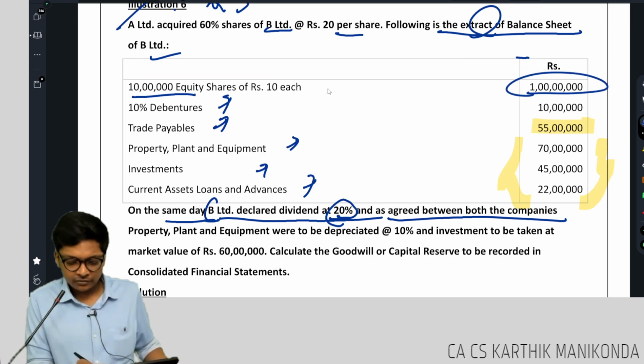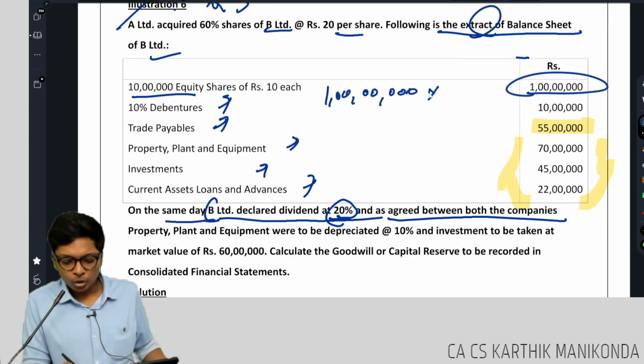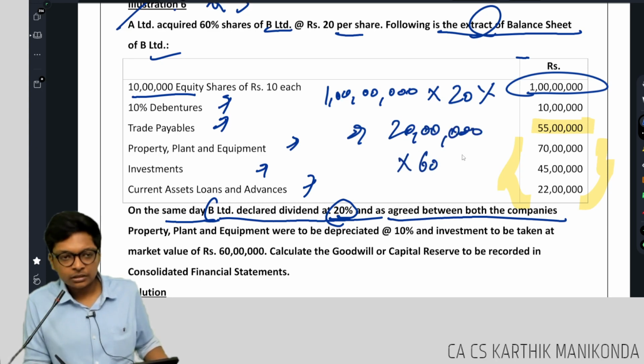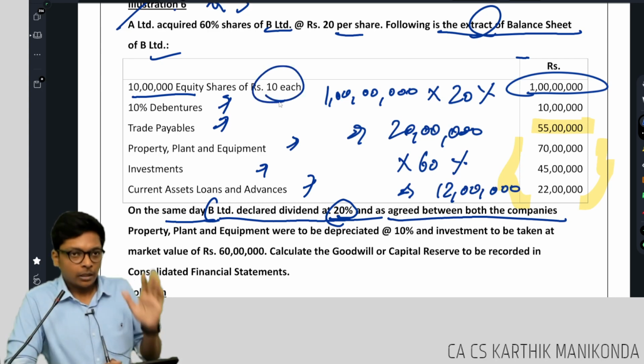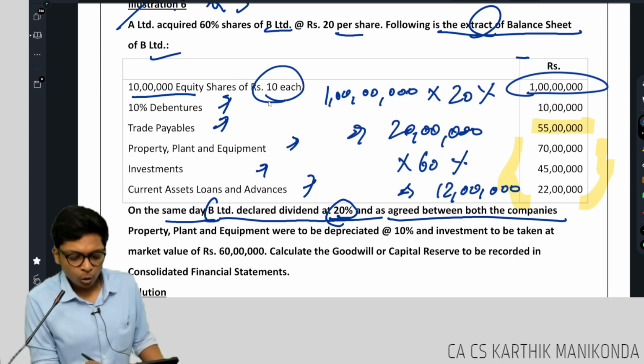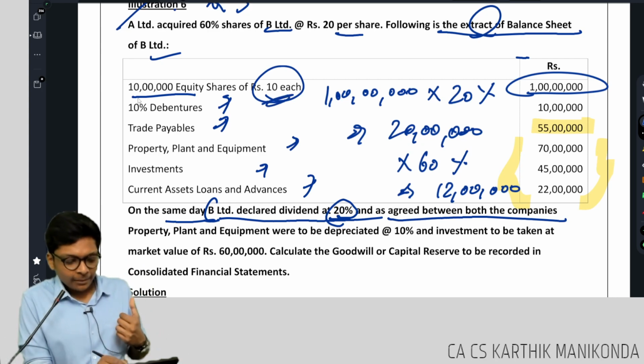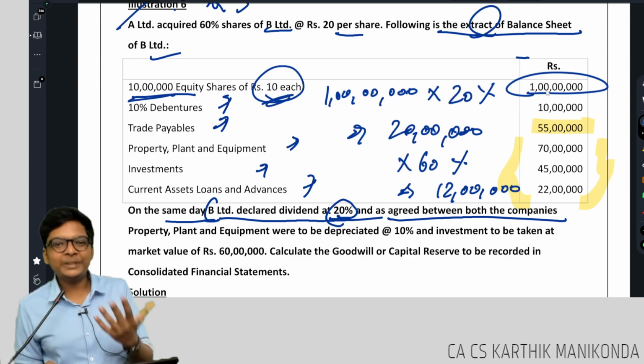See, 1 crore is the dividend into dividend declared is 20%. How much? 20 lakhs. 20 lakhs into my share is 60%. How much? That only I did know. So you are doing on share base. Both will be same. You can do on per share basis and multiply with total shares or value. It should be the same.